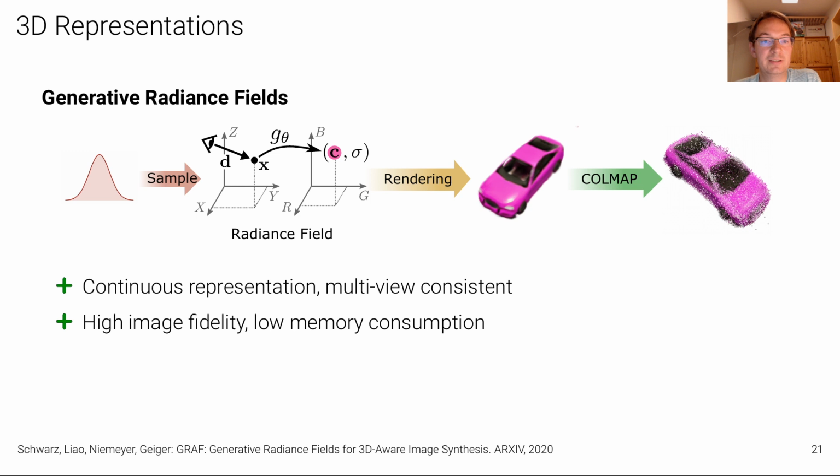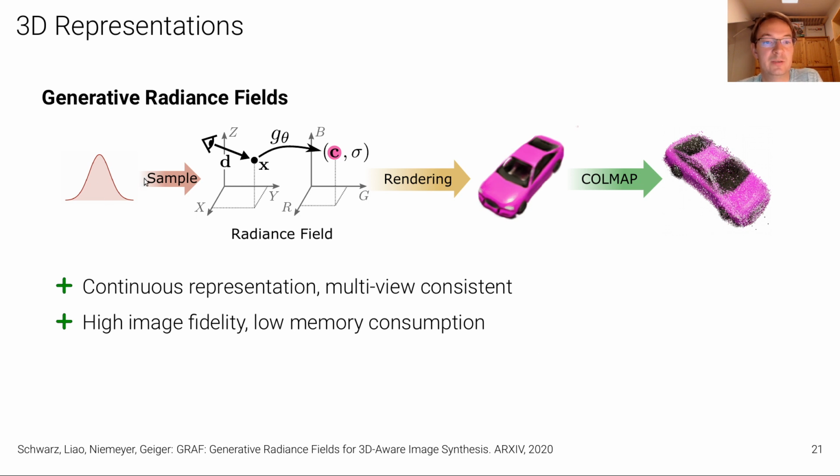So what we did instead is we looked at a representation that has been recently proposed in the context of novel view synthesis, neural radiance fields, and tried to build a generative model for neural radiance fields, which then become conditional neural radiance fields. You can see this here.